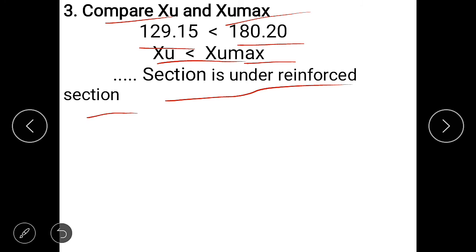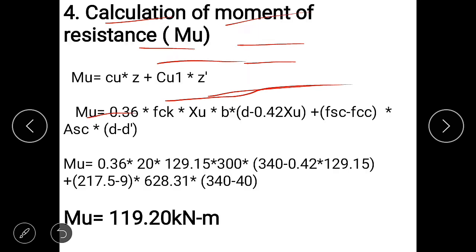You all know how to decide a section. If xu is equal to xu max, then it is called a balanced section. If xu is greater than xu max, then it is an over reinforced section. And if xu is smaller than xu max, then it is an under reinforced section. So our section is an under reinforced section.